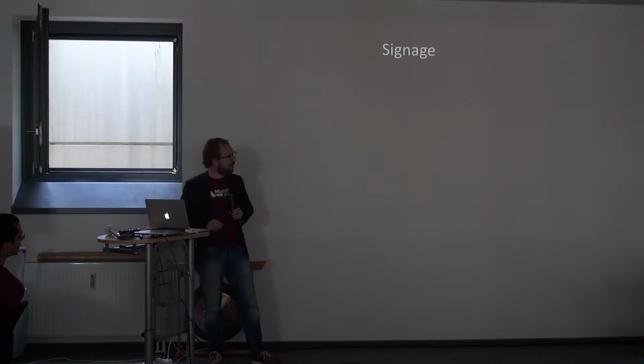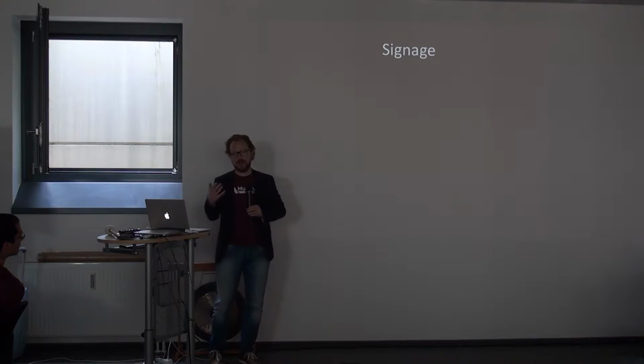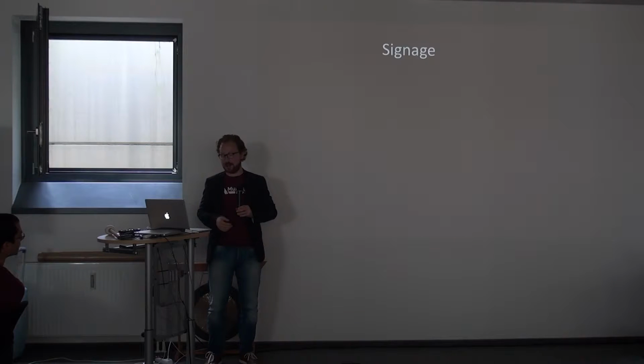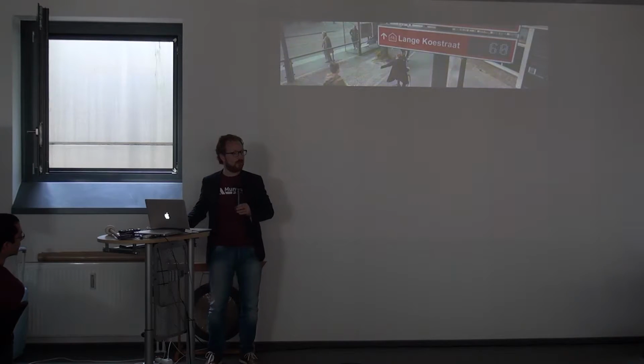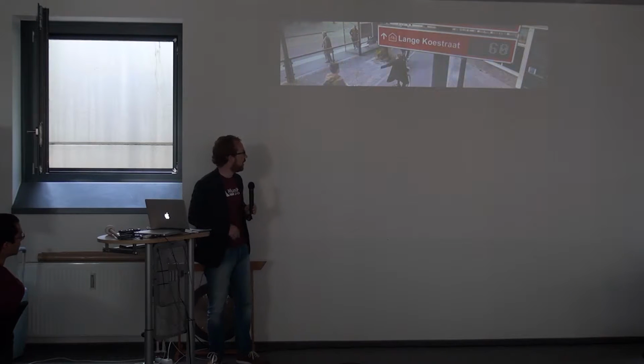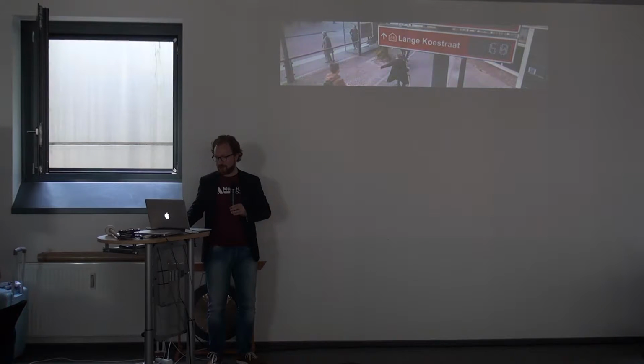Then what do we do with the classification of whether a place is occupied or not? We send it to displays in the city. In Utrecht we currently have, I think, 26 poles and in total 52 displays.